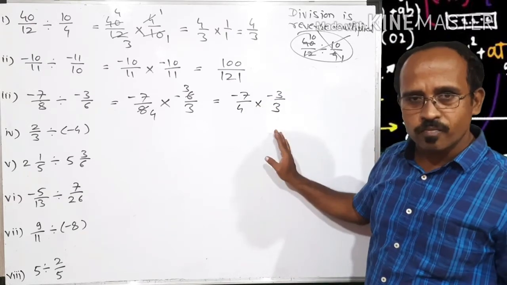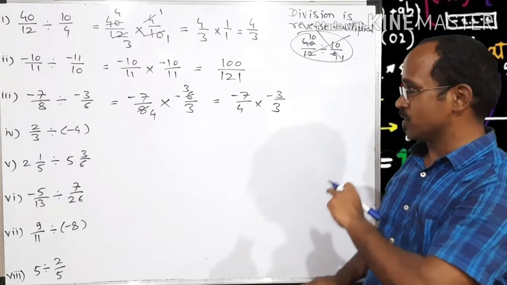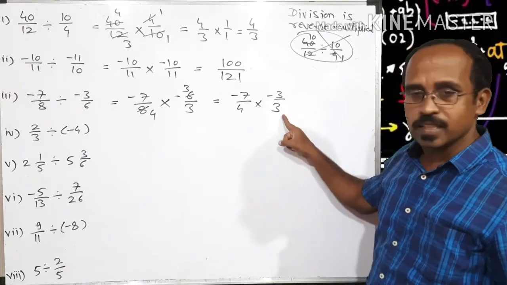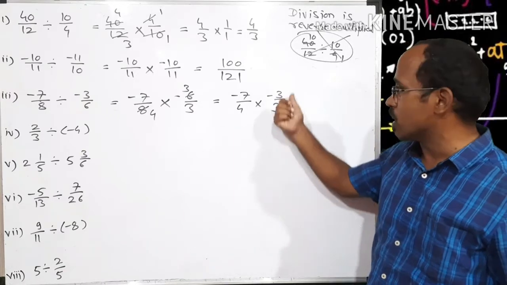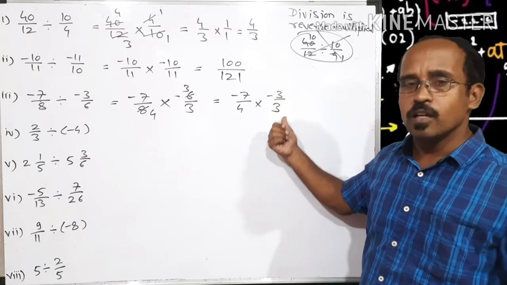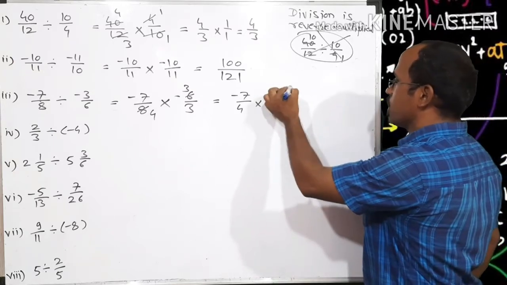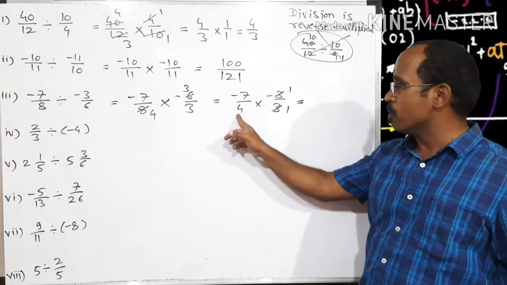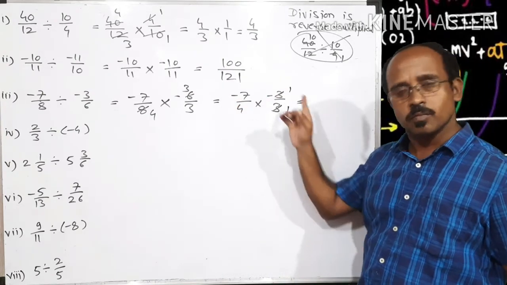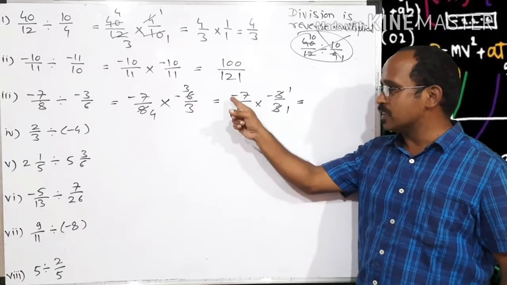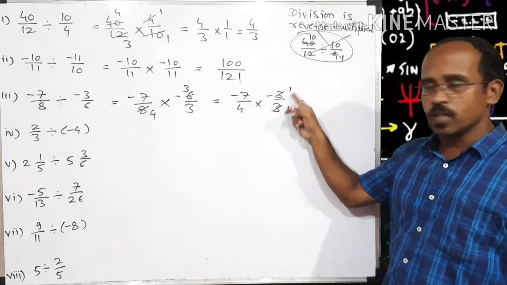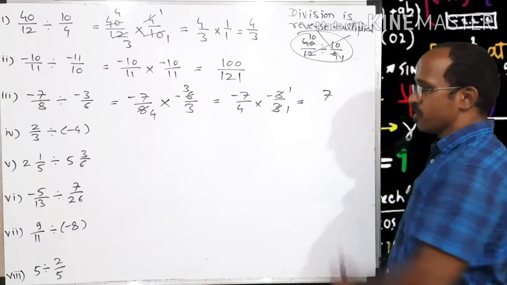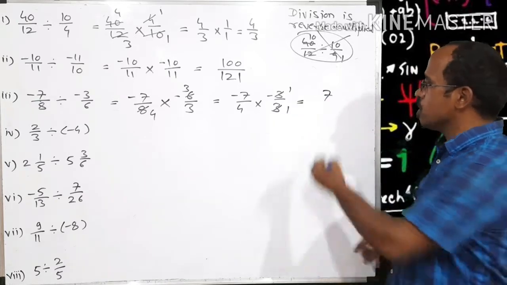Clear up to this? Once again, students, between this 3 and 3 there is a common factor. Both are divisible by 3, so if we divide them by 3, here it will be 1 and here it will be 1. So what remains is minus 7 upon 4 into 1 upon 1, meaning into 1. So our answer is minus 7 into minus 1, plus 7; 4 into 1, plus 4.